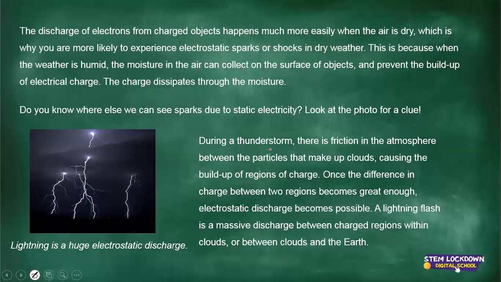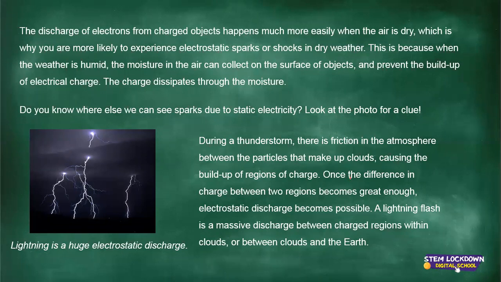During a thunderstorm, there is friction in the atmosphere between the particles that make up clouds. So basically, in the atmosphere, the clouds are next to each other, and if they rub against each other, it causes friction. So it's a build up of regions of charges.